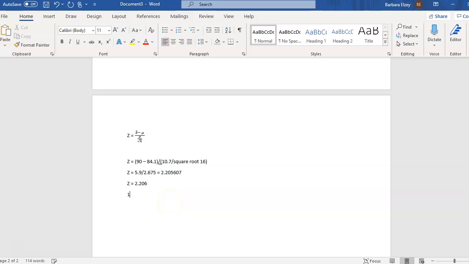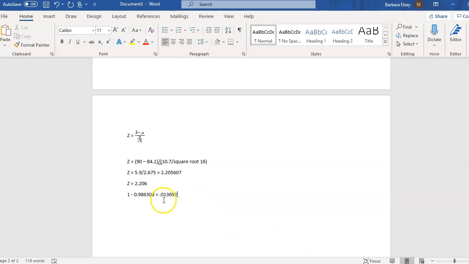Since it's a greater than, we're going to say 1 minus this number that we just got from Excel. Now, if it had been a less than, we would just have reported 0.986308 as our p-value, rounding to 3 decimals, of course. But I'll go ahead and do this calculation, and that's going to give us 0.013692. And let's round it.